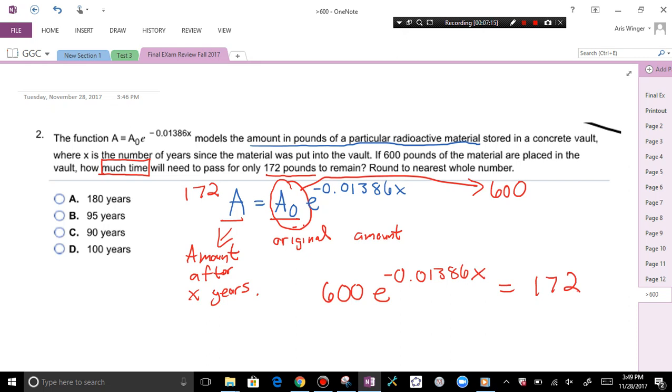We want to get X by itself. We're going to divide both sides by 600 first, and then we're going to apply something called the natural log to both sides. This is a pure calculated problem after you get X by itself. We're going to go through the steps on this.